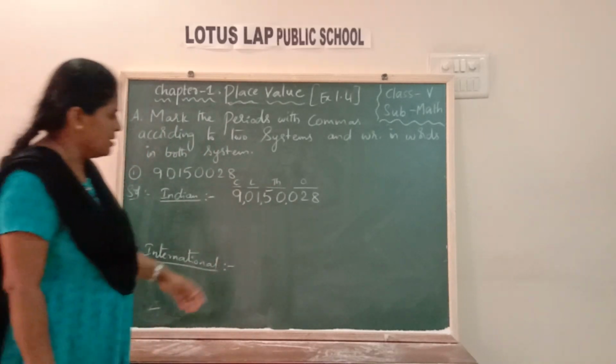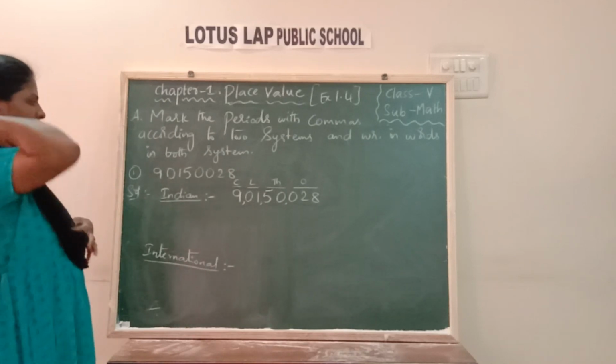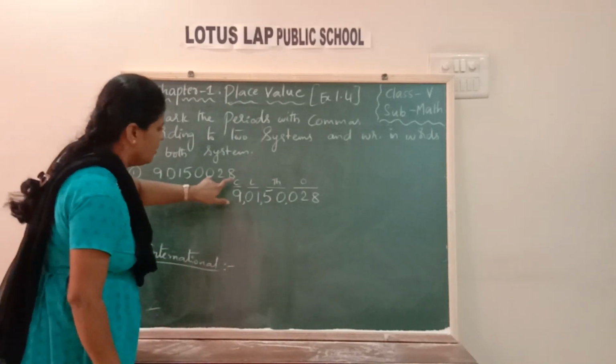So seeing the periods, you put the comma and then period-wise you read the number and write it. First, 9 crores.